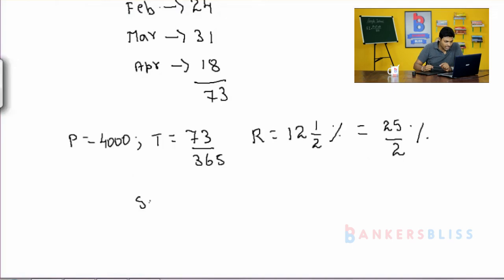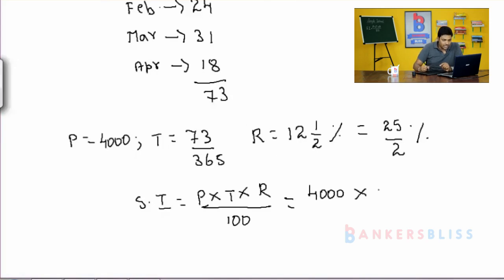So go with the formula. The formula says SI is equal to principal amount into time period into rate of interest, whole divided by 100. So principal amount is 4,000 into time period 73 divided by 365 into rate percent 25 by 2, whole divided by 100.